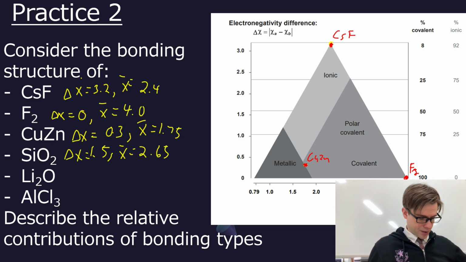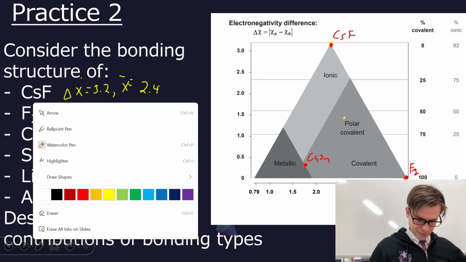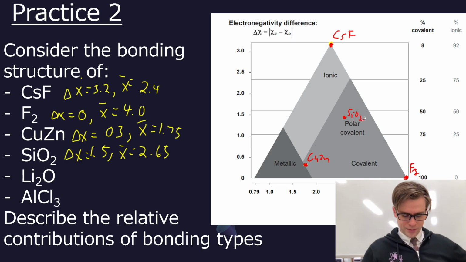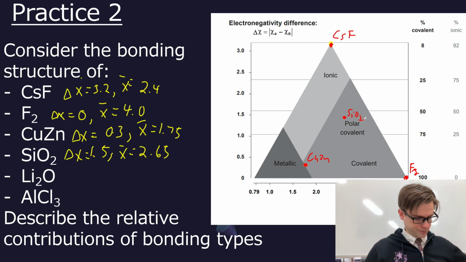So that's going to put us at 2.65, 1.5, right around here. SiO2. Polar covalent, pretty much in the middle of that, so it'll be a classic polar covalent compound.